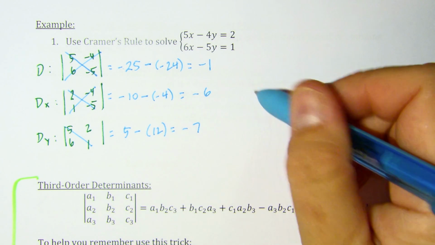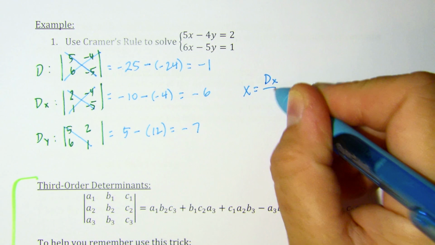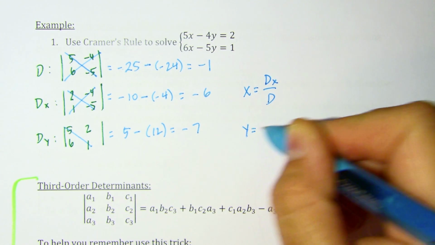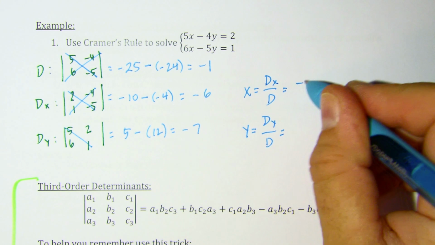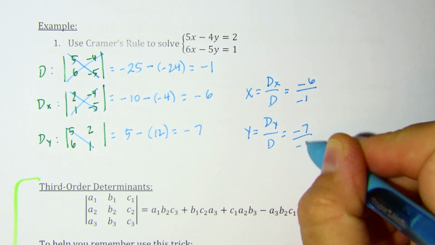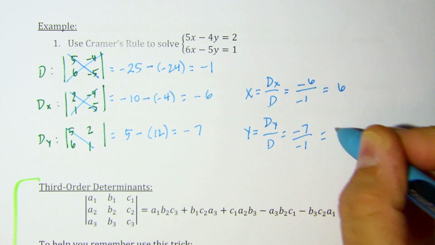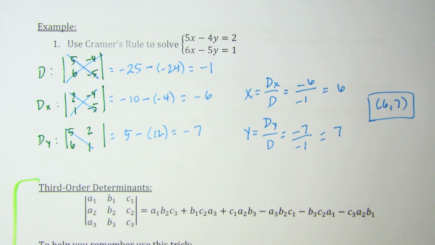Then our x value is equal to dx over d. Our y value is equal to dy over d. So in this case, that would be negative 6 over negative 1 and negative 7 over negative 1, which gives me 6, 7. And that's our solution.